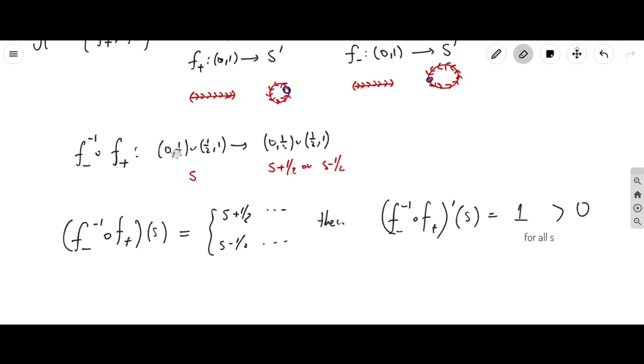But in this case, it does not matter. Regardless of what you pick for s, the Jacobian will always be positive. So therefore, this atlas is oriented. Notice, I'm not saying it is positively oriented. We only talk about it being oriented.